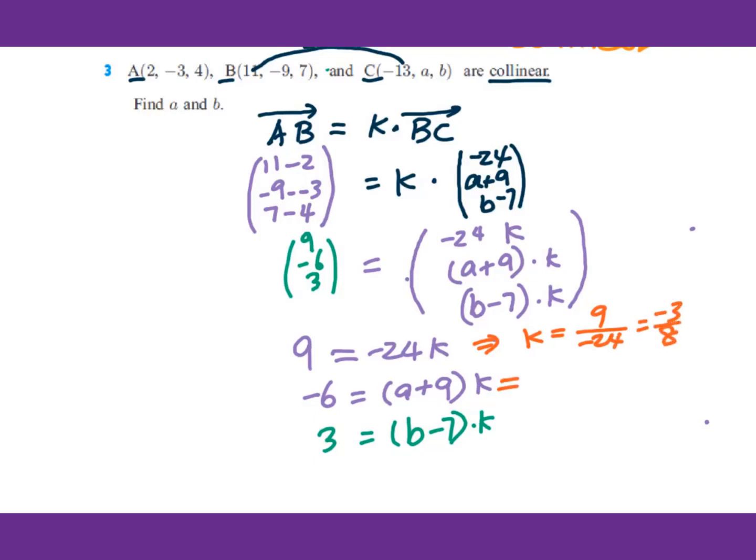Then we plug K into the second one. We will figure out A equals 7, B equals negative 1.